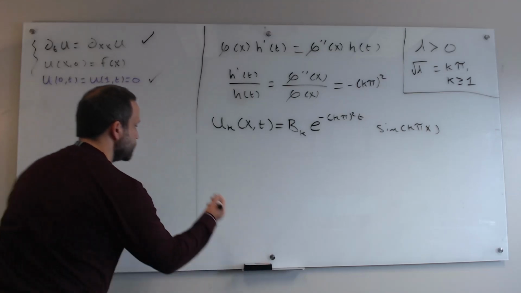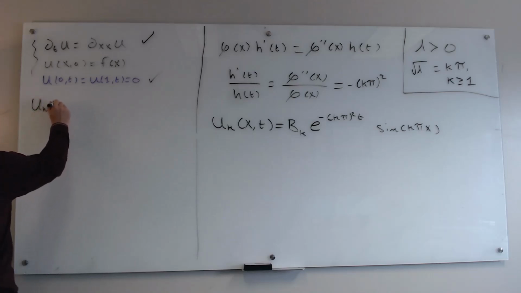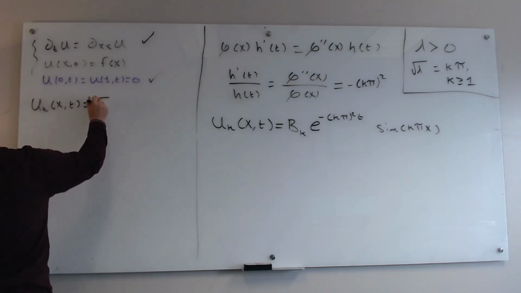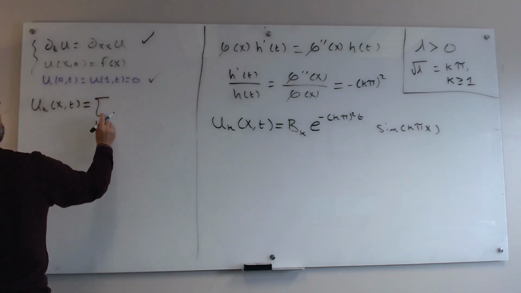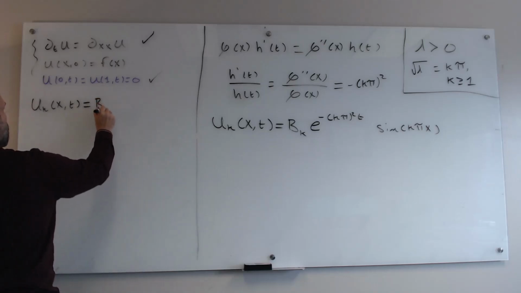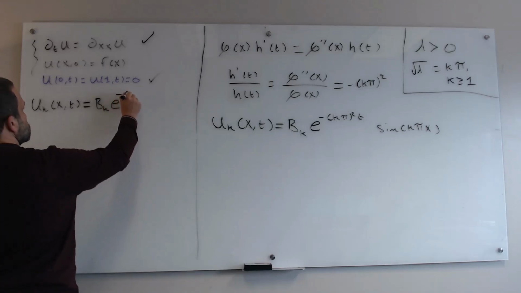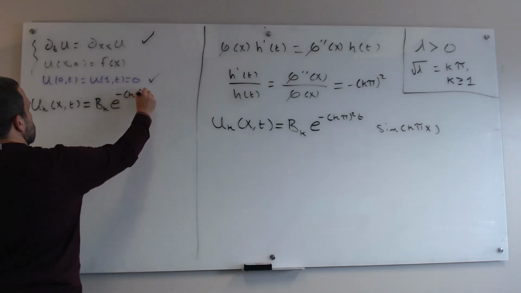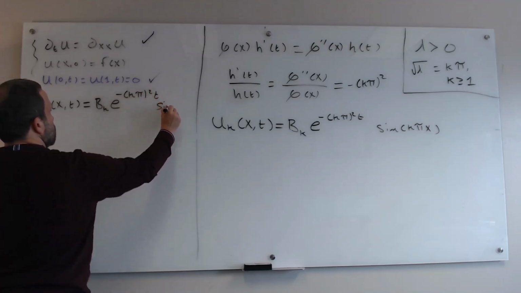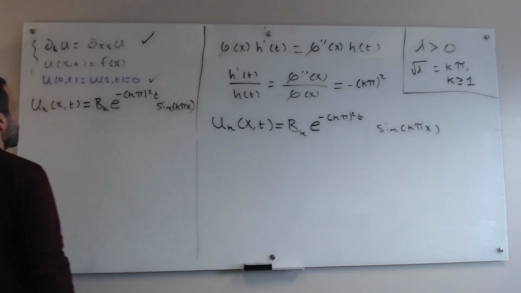Let me record this information over here. So we're saying that u_k of x,t is equal to, not the sum yet, it's equal to this: some constant b_k times e to the minus k pi squared t, times sine of k pi x.